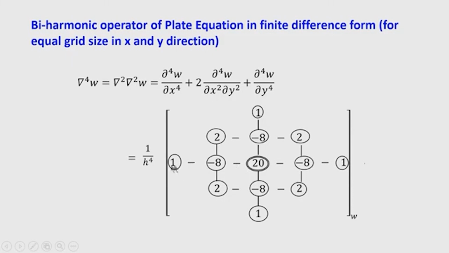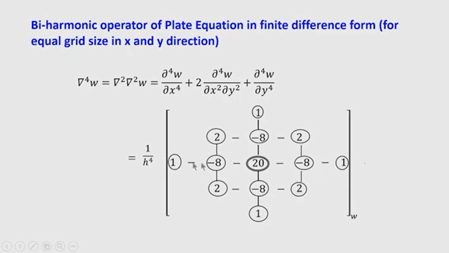It is symmetrical because del 4 W is an even derivative. Therefore, in the vertical line also you get symmetry, and the other lines also have symmetrical distributions. So 2, minus 8, 2 and here also 2, minus 8, 2.